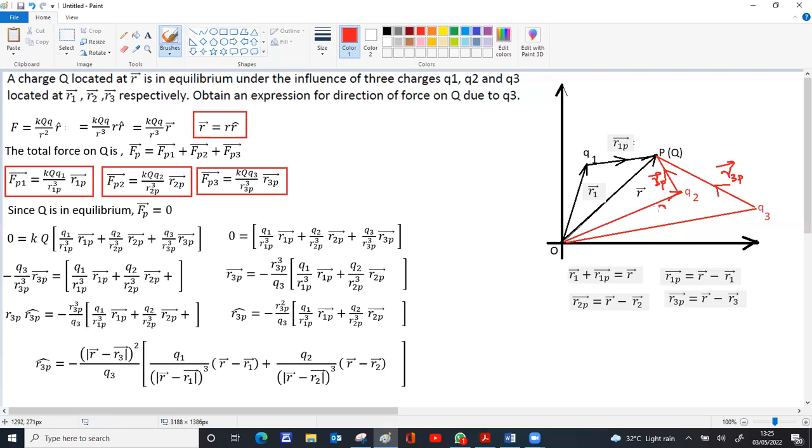This is Q2 located at R2. This is Q3 located at R3.